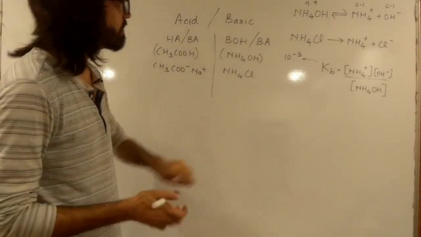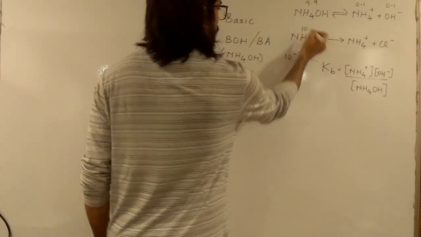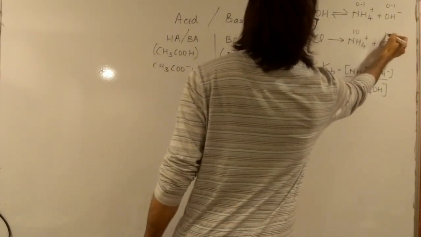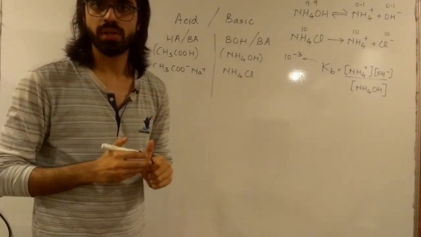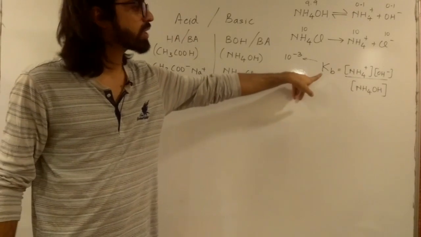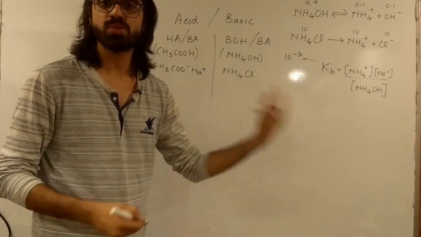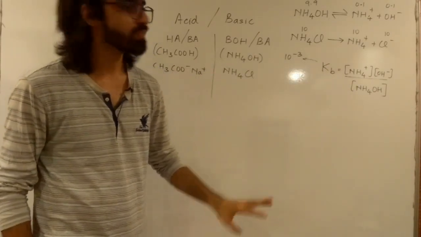In this solution, we are putting 10 moles of NH4Cl extra. So when 10 moles of NH4Cl have been put, NH4 plus will be 10 moles and Cl minus will also be 10 moles, because the entire NH4Cl will dissociate. Now how will this, in the same solution, affect the equation? The Kb expression is written as NH4 plus into OH minus upon NH4OH.